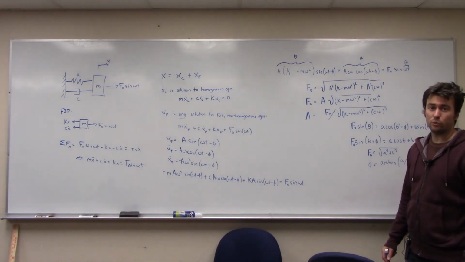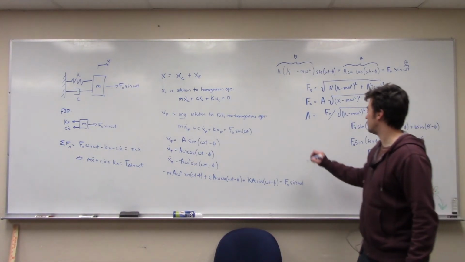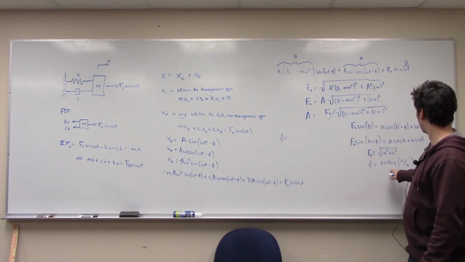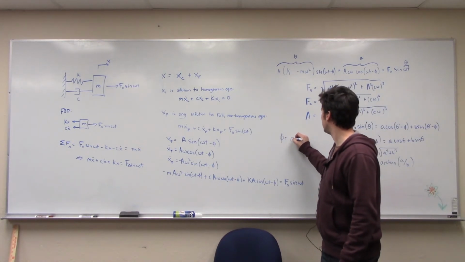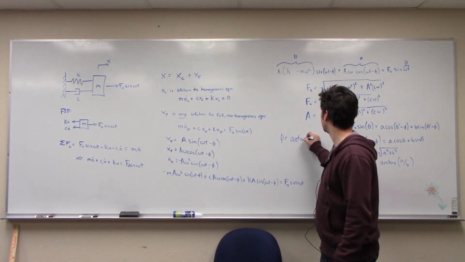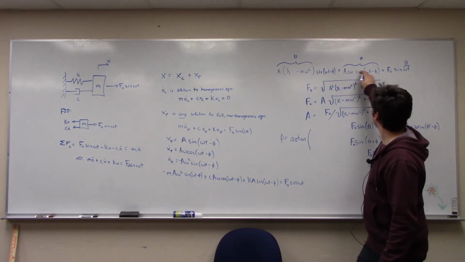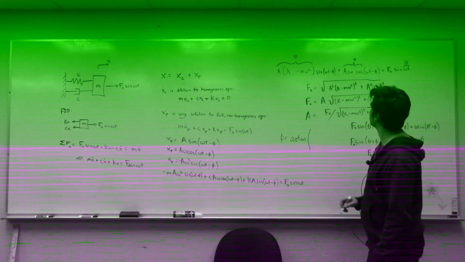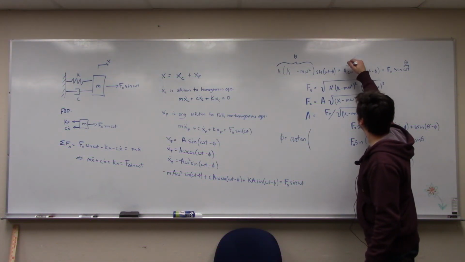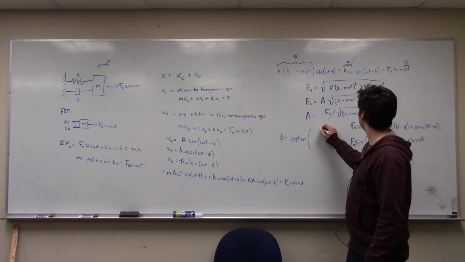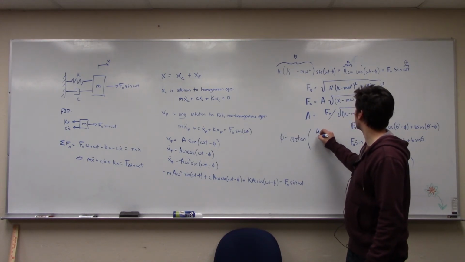Okay, and likewise, we're going to find the phase. So in this case, phi. Here's our A. It's the arctangent of A over B, the arctangent of A c omega over A times k minus m omega squared.